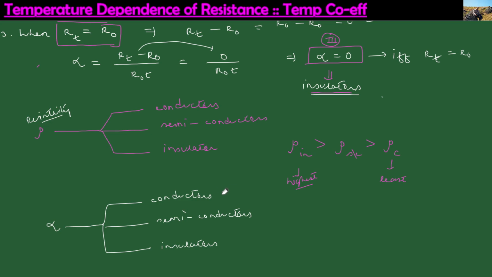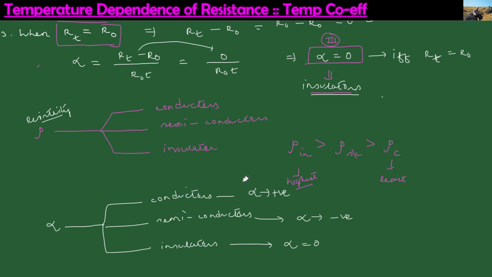So for conductors, alpha is positive. For semiconductors, alpha is negative. And for insulators, alpha is 0.